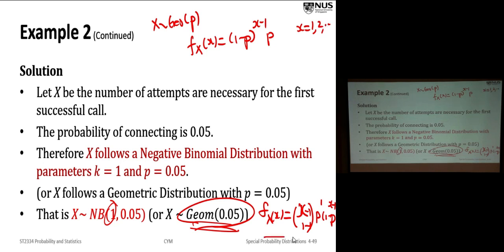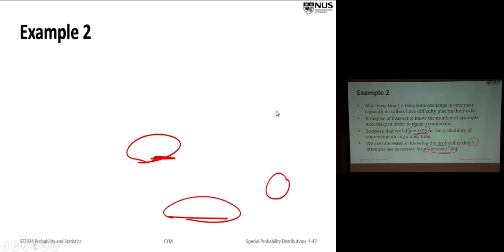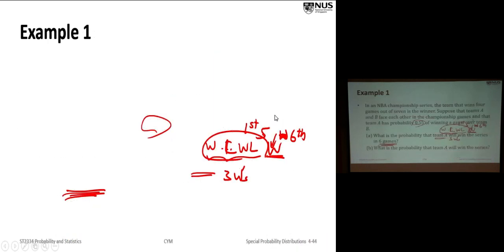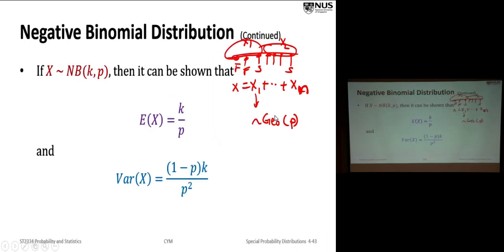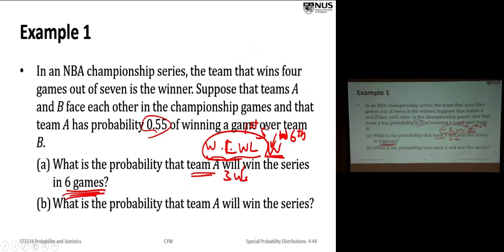This is just substituting k equal to 1 in the negative binomial. Now, based on that, you may be able to prove that the expectation of x equals 1 over p, and the variance of x, I have to check the previous, what is the negative binomial? Yeah, okay, so it is (1 minus p) over p squared.